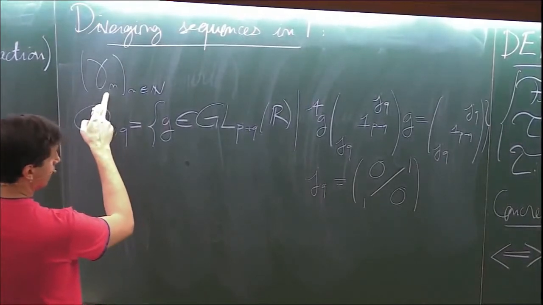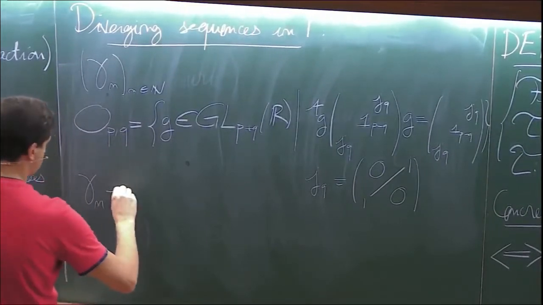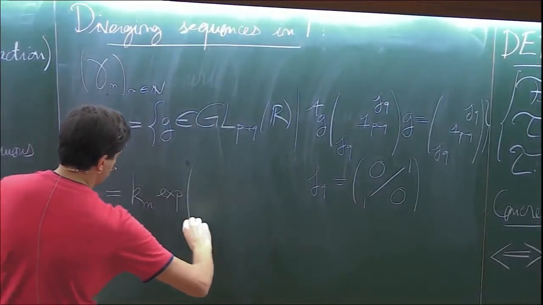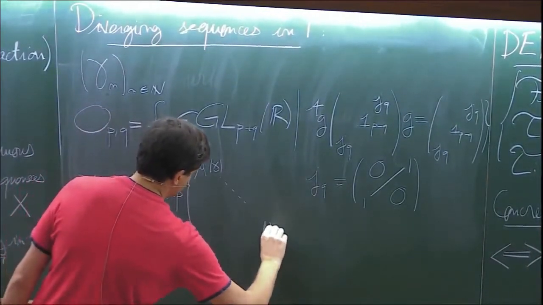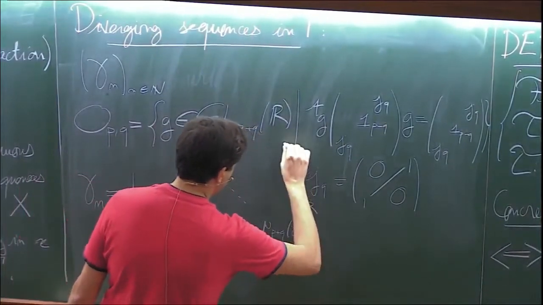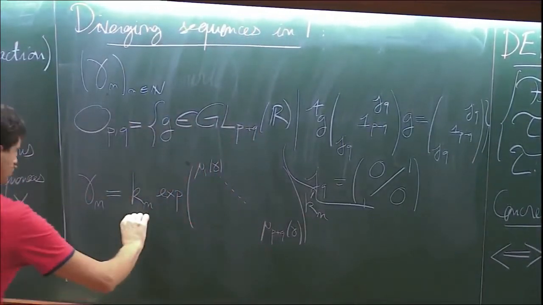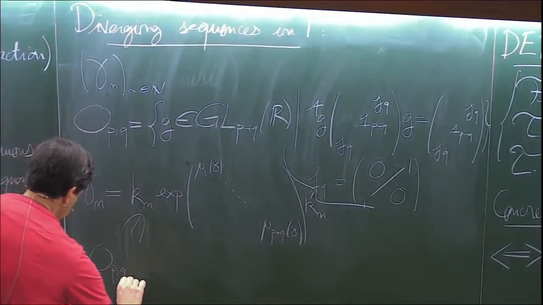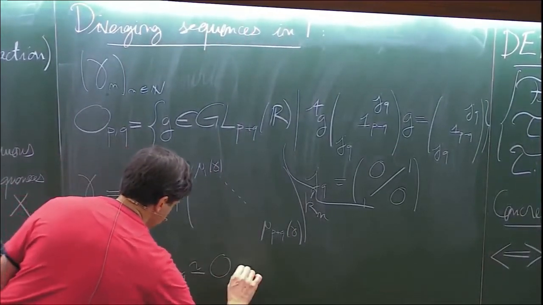And every element gamma n is written as Kn exponential of the diagonal matrix mu1 of gamma, up to mu p plus q of gamma, and K prime. So this element belongs to the intersection of O(p,q) and O(p plus q), which is isomorphic to O(p) cross O(q).